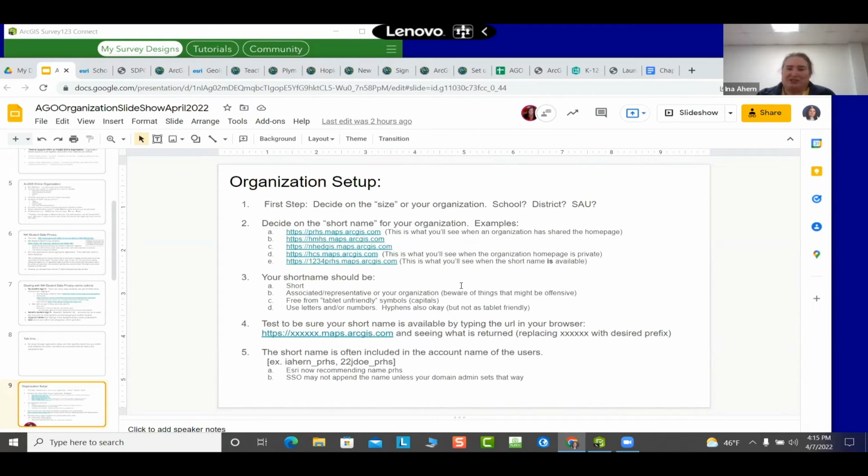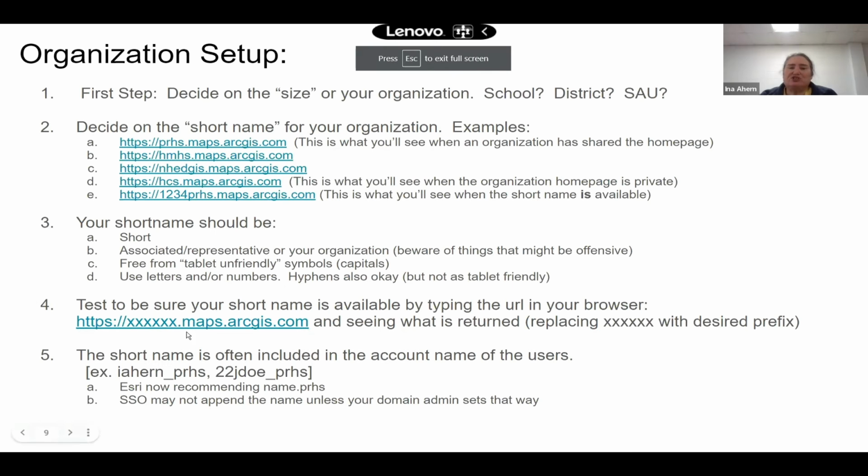Okay, no questions. So when you are ready to start your organization, to click on that link in the email that you received from Esri, before you do that, you want to test to be sure that short name is available.